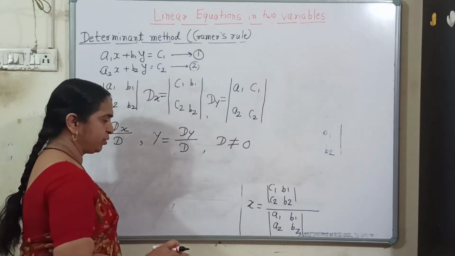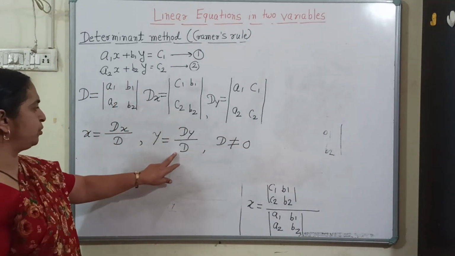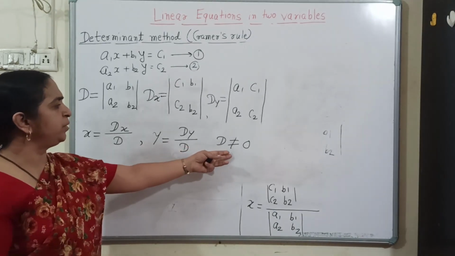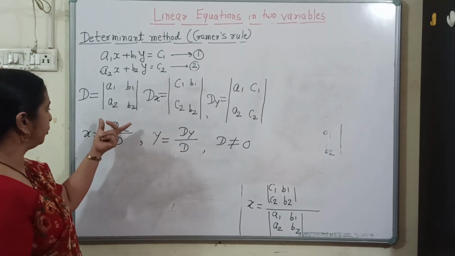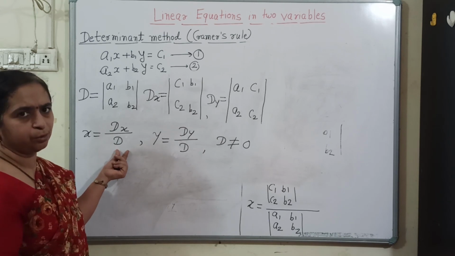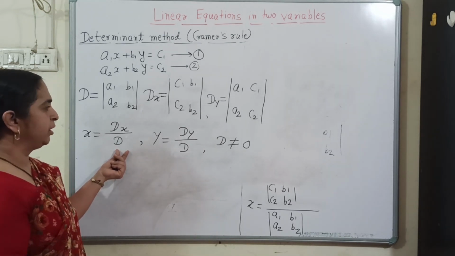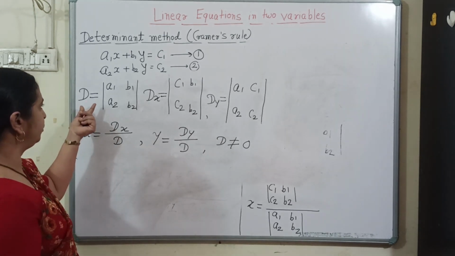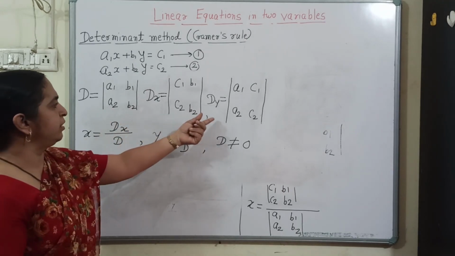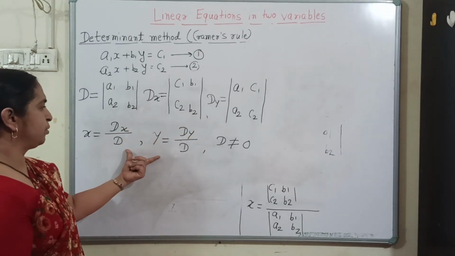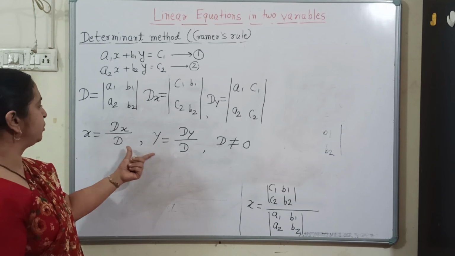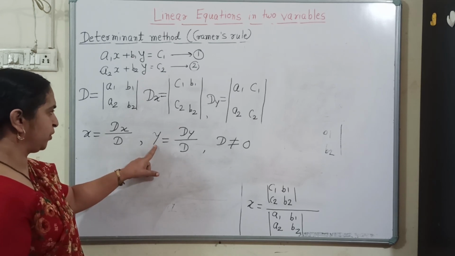If D is equal to 0, then you cannot use this method, because denominator will be equal to 0 and we cannot take the division. First we find out D, then dx, then dy, and then using this formula you can get the values of x and y immediately.